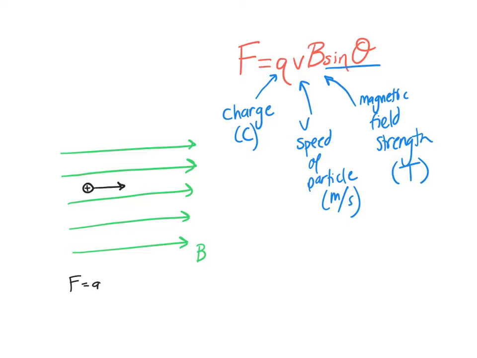F is equal to QVB sine of theta. Well, theta is the angle between the magnetic field lines, the direction of the magnetic field, and the direction that the little particle is moving. So in this situation, that angle is 0. They're both going the same direction. And sine of 0 is 0, so you would have no force.